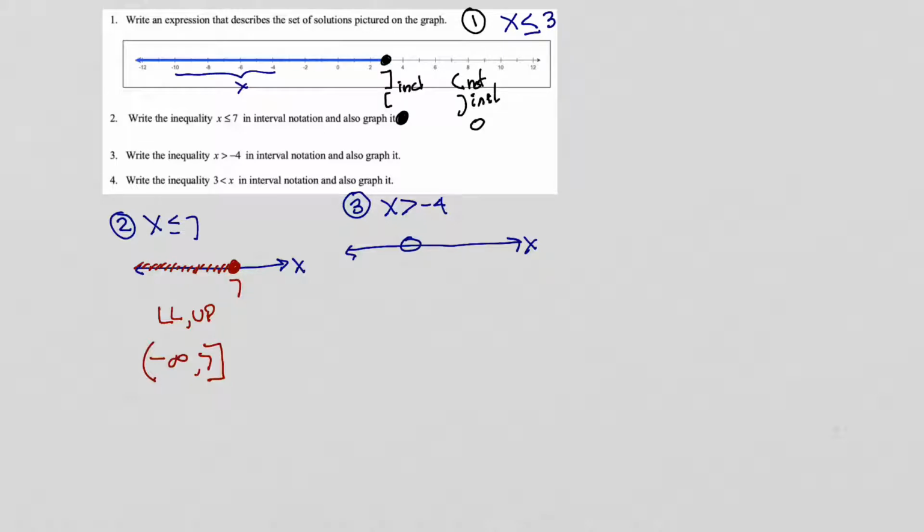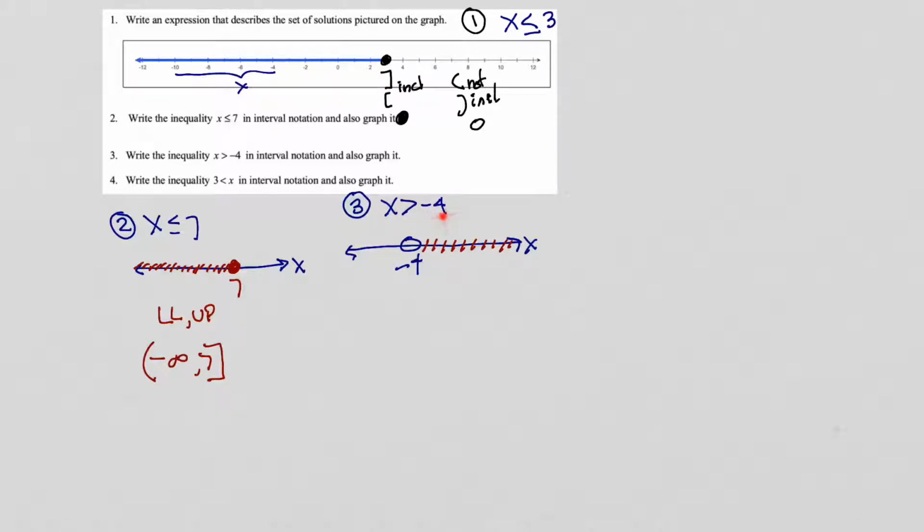Just pick some point on the number line, label it negative 4. Now, back over here in number 2, that 7 was included, right? There's the equal, so I got a closed circle. Now there's no equal, so I draw an open circle. Negative 4 is not included, and all the values are to the right. You can see that by this. The x's are to the right of negative 4.